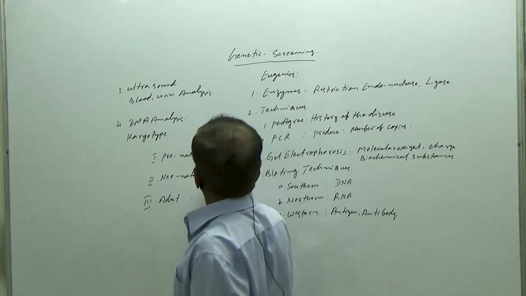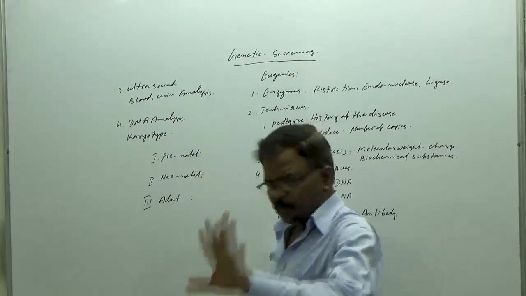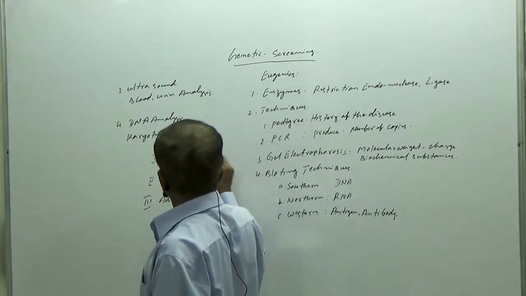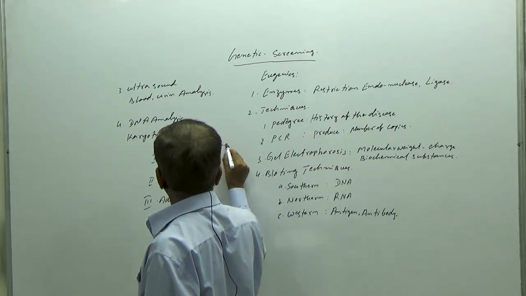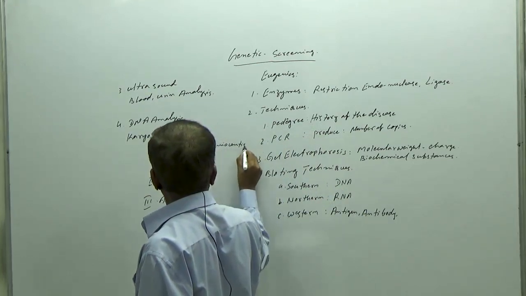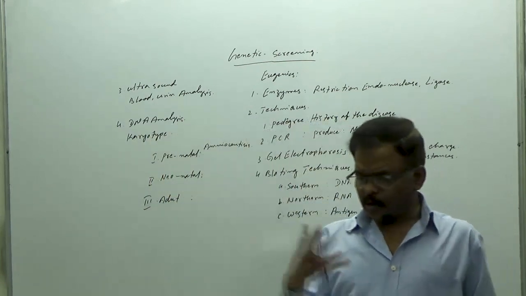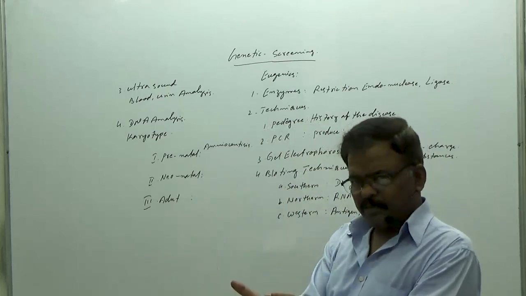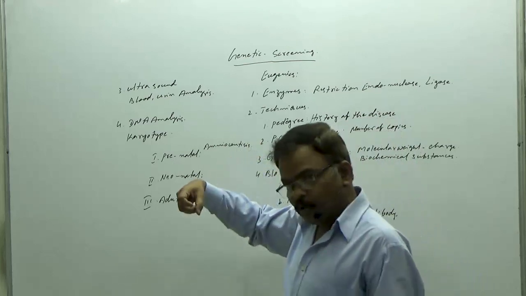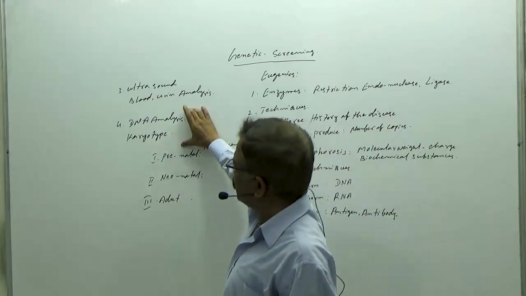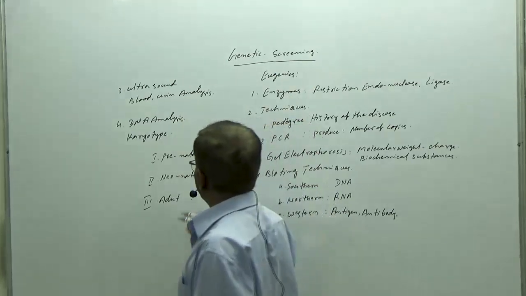So in prenatal, before birth, here we use the amniocentesis method. What is this amniocentesis method? Around the baby, some fluid is there. Injecting a needle and collecting that amniotic fluid, and analyzing DNA and karyotype. That is known as amniocentesis.